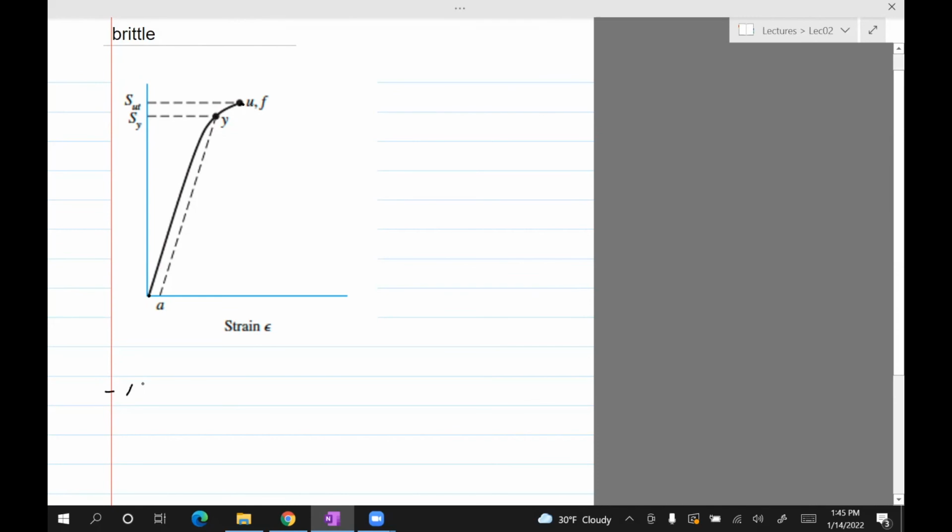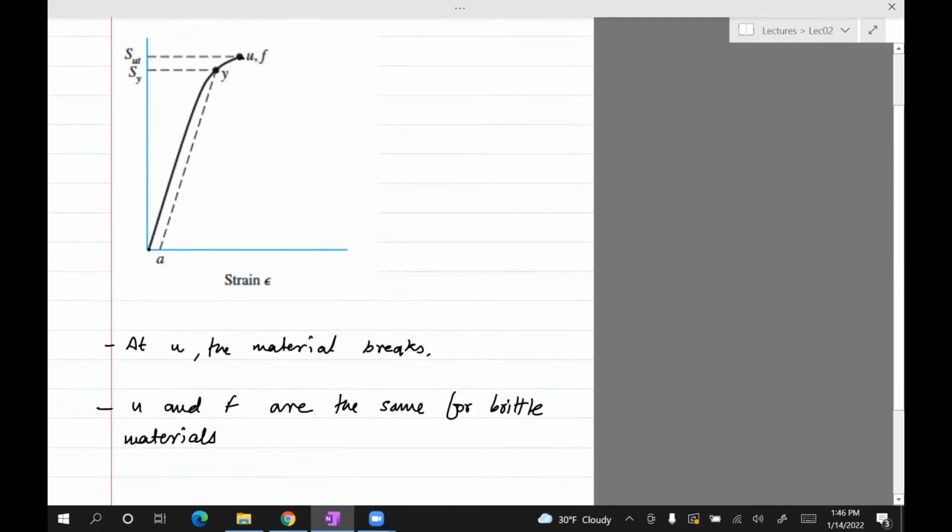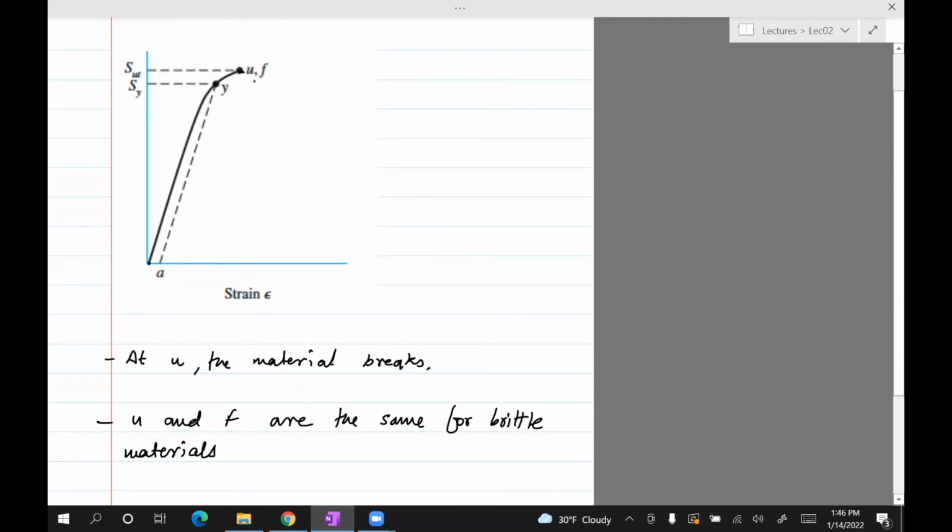So at U, the material breaks. So U and F are the same for brittle materials.